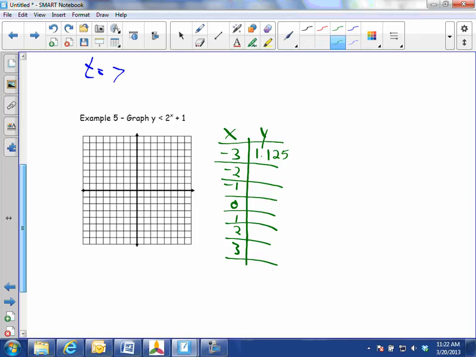Order of operations. Okay, so let's do the table values and we can plug our points in.